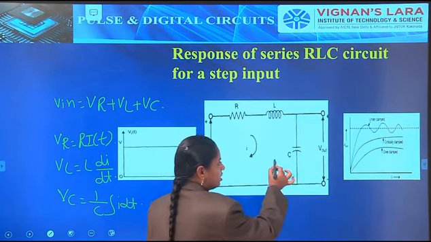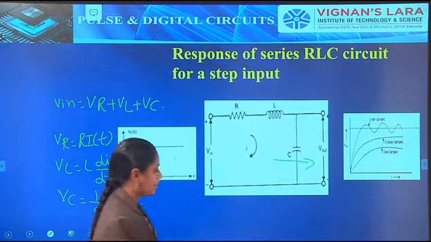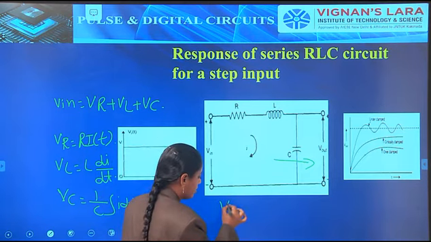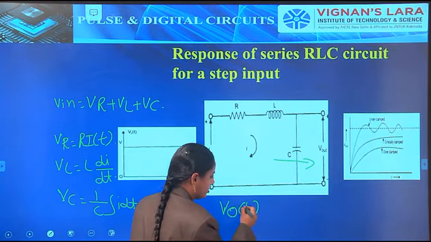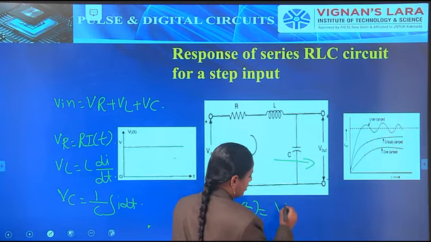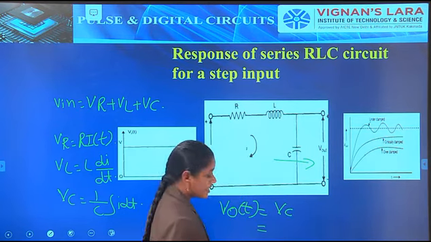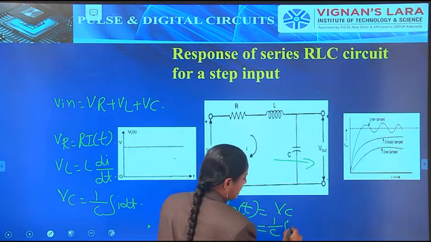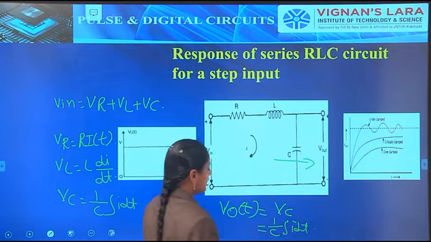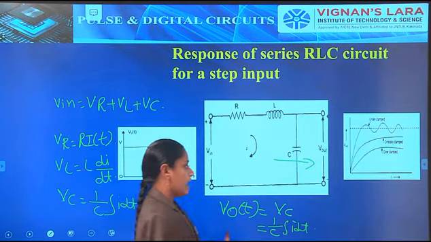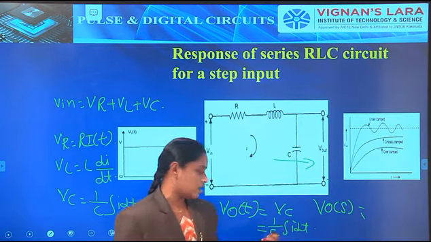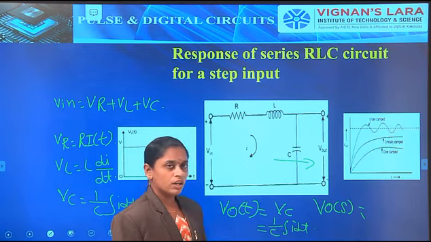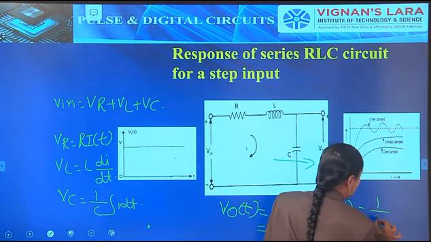So V naught is equal to Vc, which we write as 1 by C integral I dt. In terms of V naught of S, taking the Laplace transform of this equation, V naught of S is equal to 1 by Cs I of S.